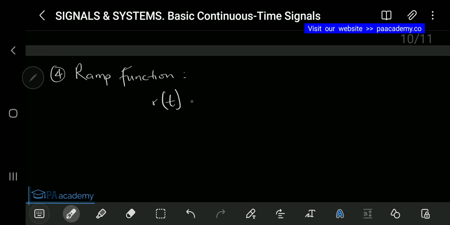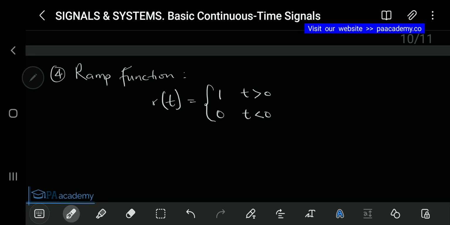So for the ramp function, r of t is equal to t at t greater than 0, and then 0 at t less than 0.